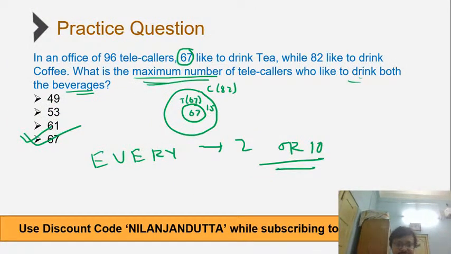Diksha, 67 is the people who are drinking both. 15 is the people who drink only coffee. This difference, 82 minus 67, is those who drink only coffee but not tea, which is why they are outside the tea circle but within the coffee circle.